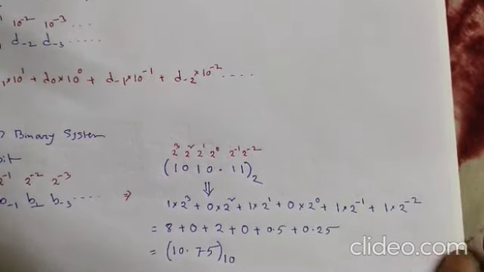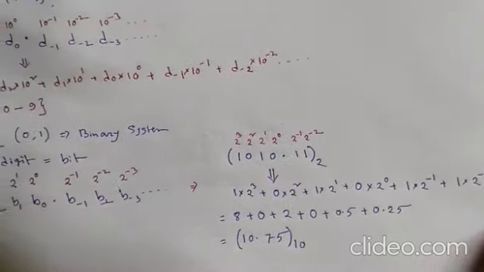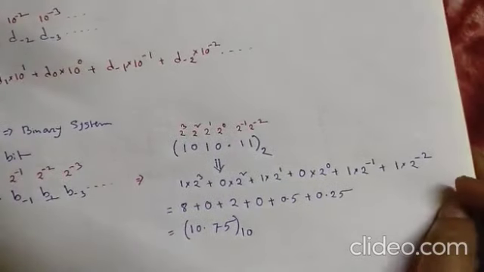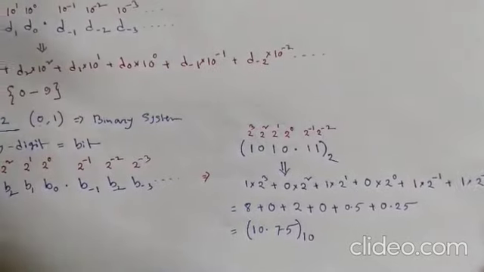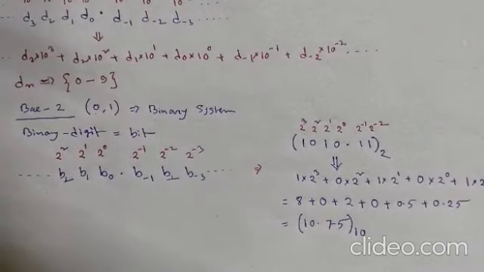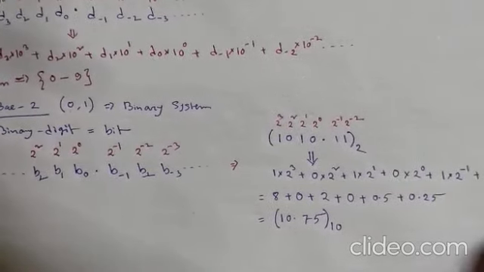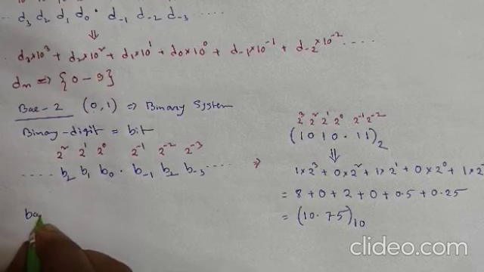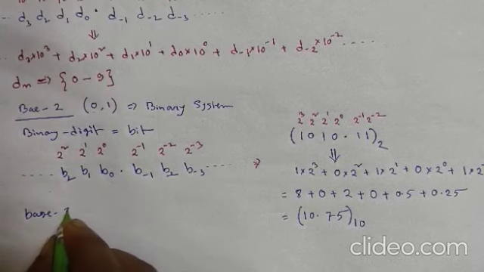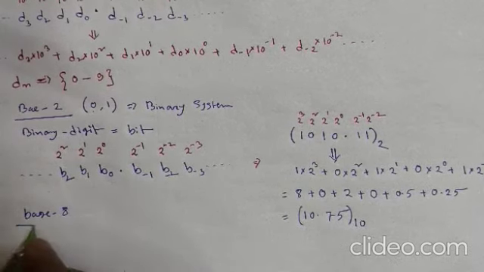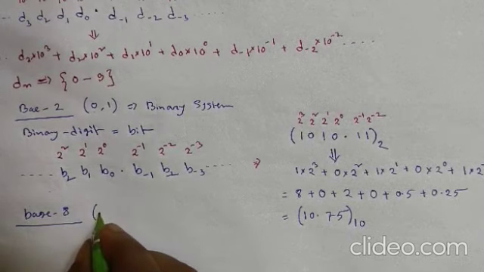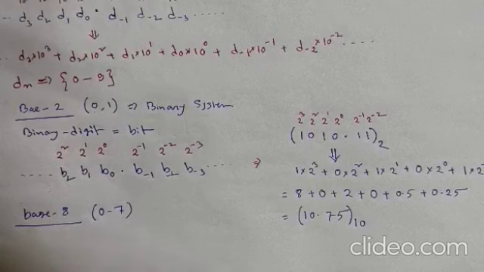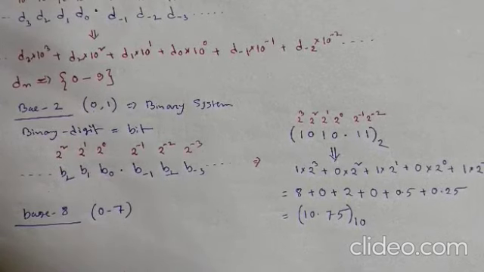In the same way, I can have the base 8 system, where I have symbols 0 to 7. Total 8 symbols are there.